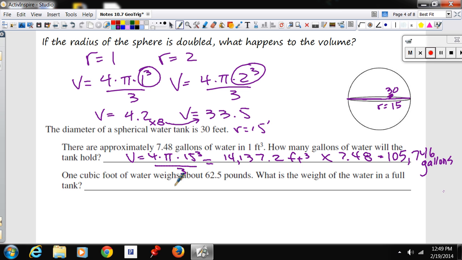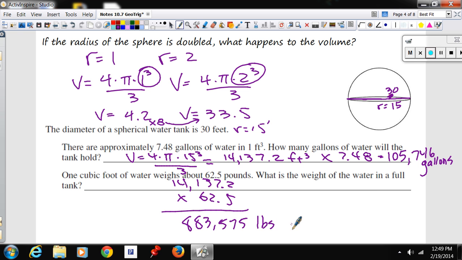Multiply again, good. 14,137.2 times 62.5. Hold on one second. You get 883,575. That's how many pounds that sphere would weigh.